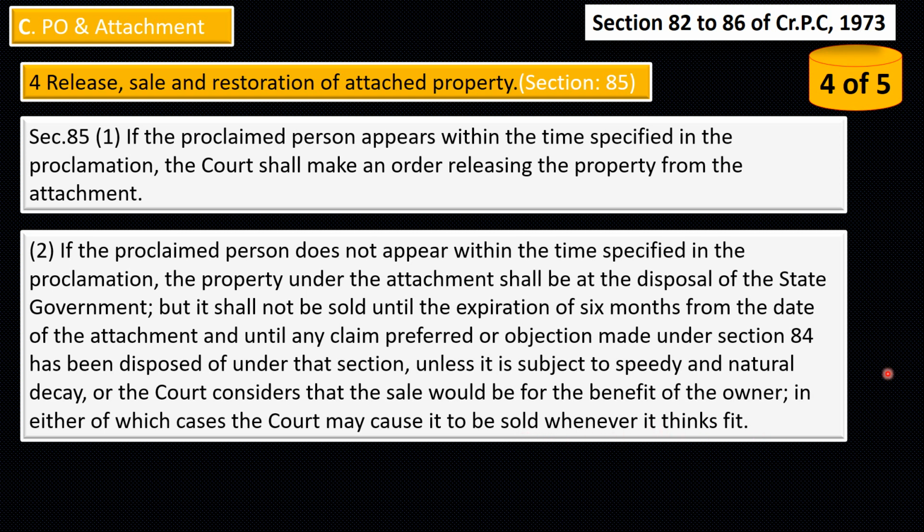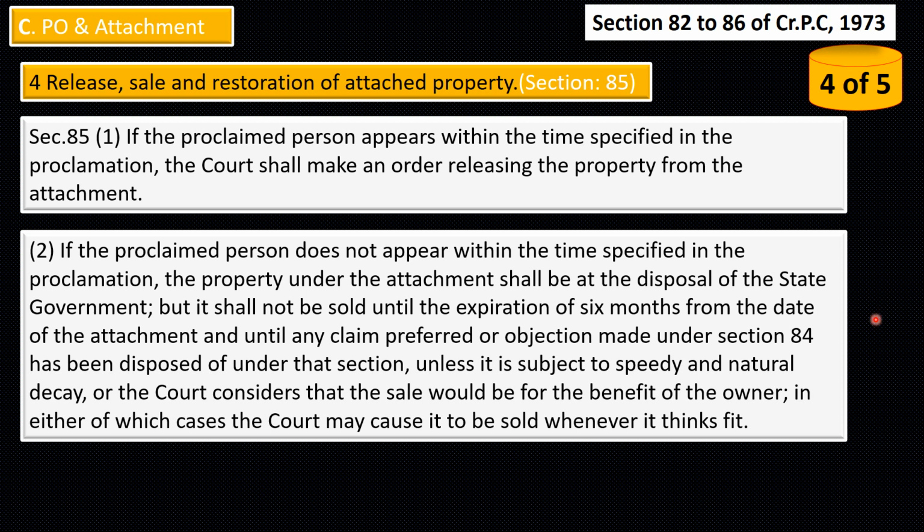So section 85 tells us two important points. First, that if the proclaimed person appears within the specified time, the court shall make an order to release the property from the attachment. And the second one is that the court can order the state government to sell the attached property after the expiry of 6 months from the date of attachment.